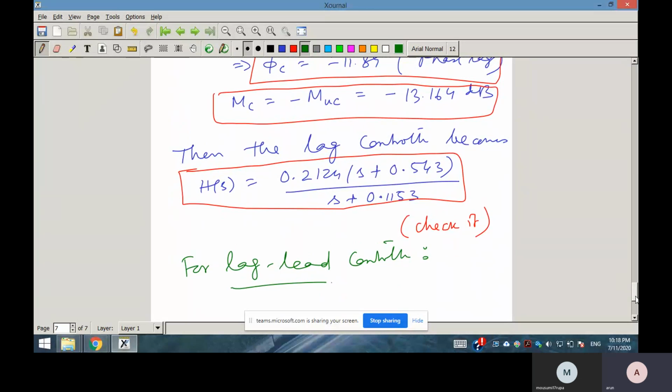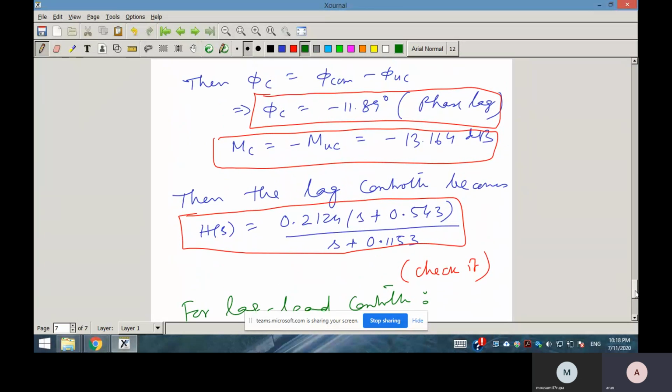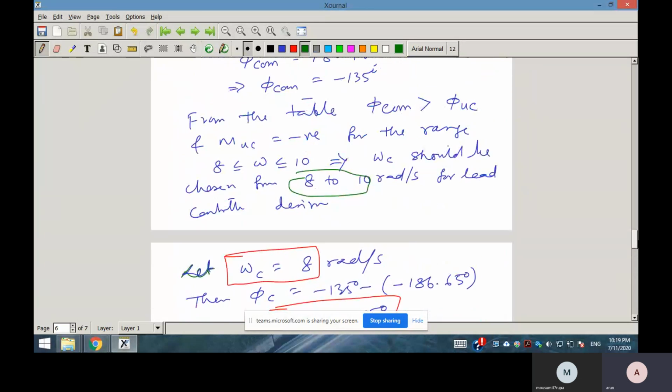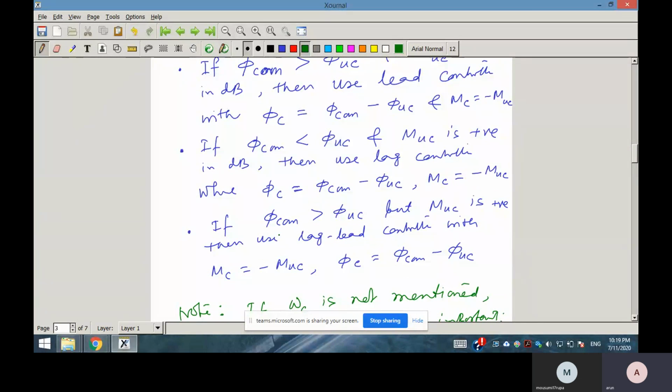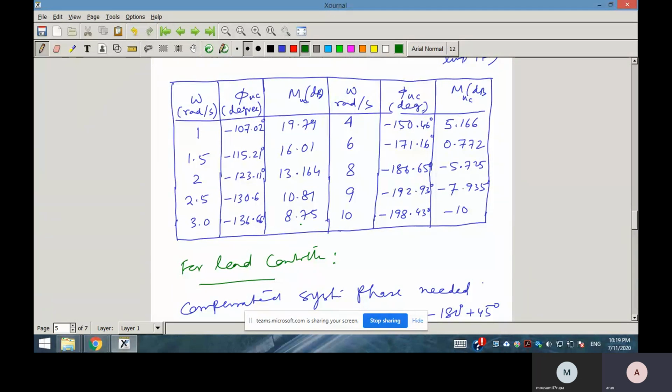That means we have to see the frequency range where MUC is positive, but phi UC is less than phi compensated.